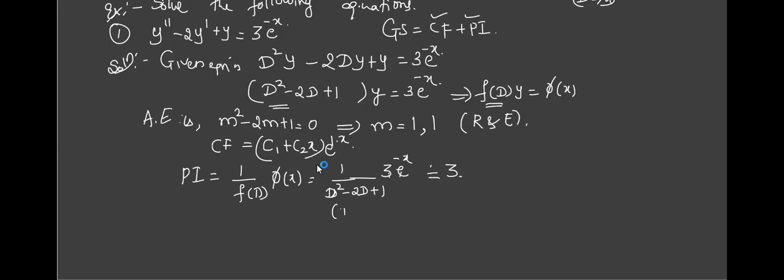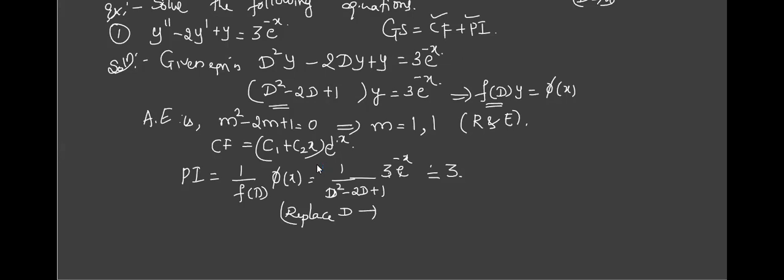We replace D by the coefficient of x here, which is minus 1. One thing you need to check: replace it and check in the calculator, and if it is not becoming 0, you do it. Otherwise, don't write that step of replacing.